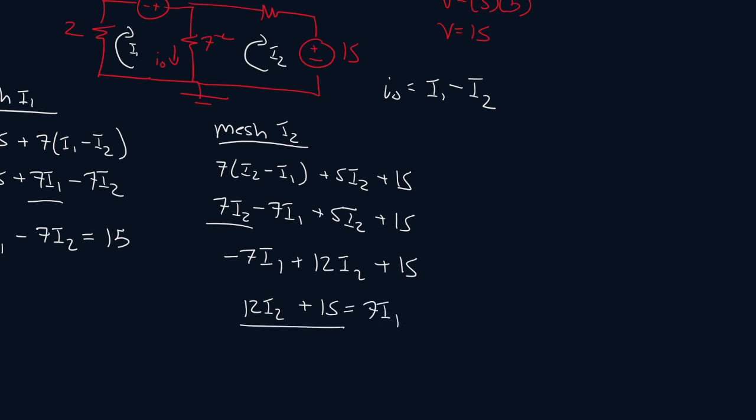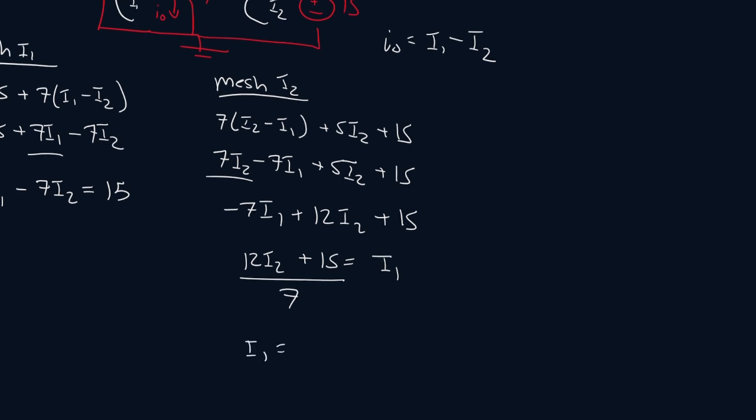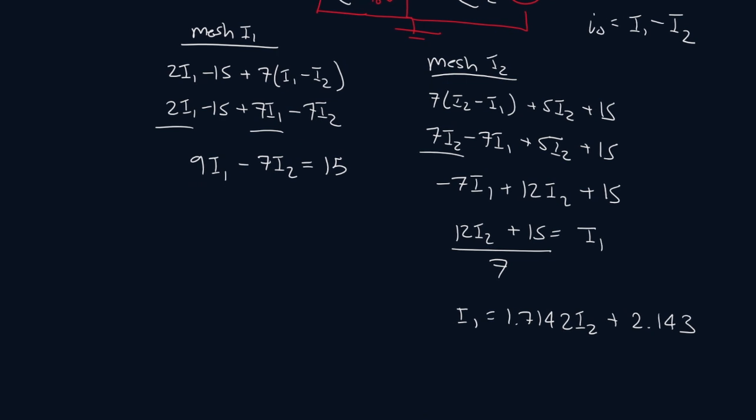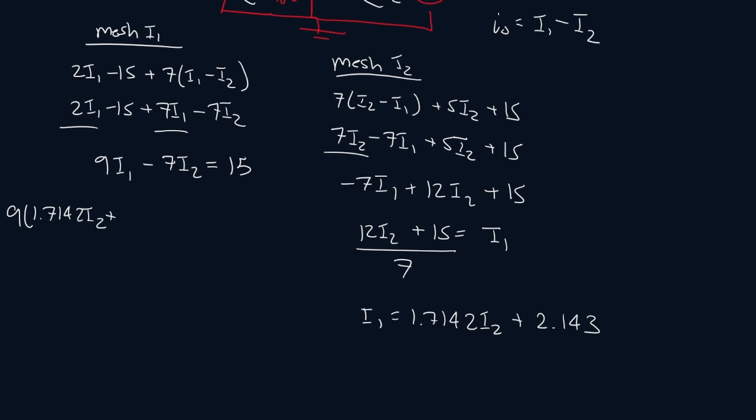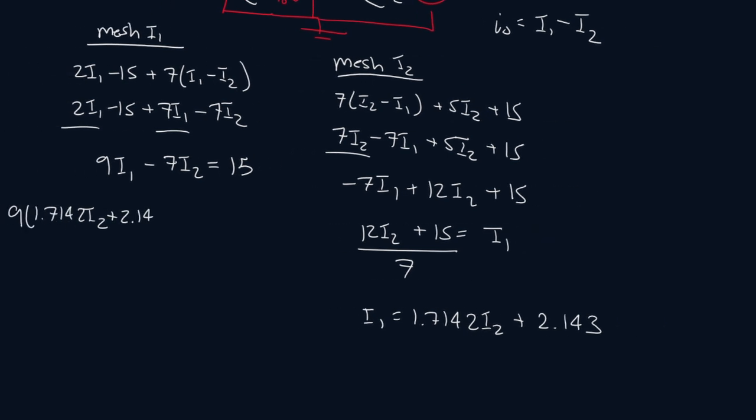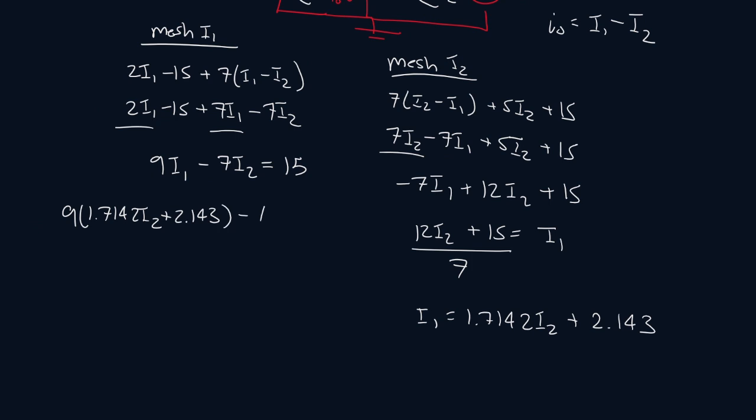Divide both sides by 7. So I1 will be, so 12 over 7, that's 1.7142 I2 plus 15 over 7, that's 2.143. Now let's just put it in here, plus 2.143 minus 7I2 equals 15.